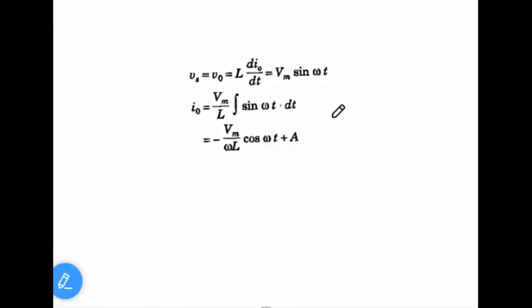Now, if you apply the forward voltage, the diode will turn on. When the diode is turned on, source voltage is equal to load voltage, which is equal to L into di by dt. If you derive the current expression, we'll get a current expression like this. At omega t equal to 0, current is 0.